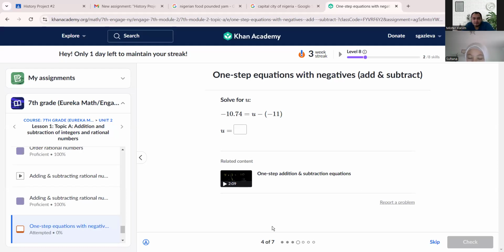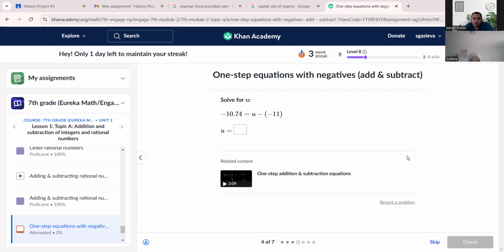I totally forgot about these after we learned about the other ones. Here, look, do we have parentheses? Yes. First, open them. Rewrite this: negative 10.74 equals u minus minus is plus, right? u plus 11.